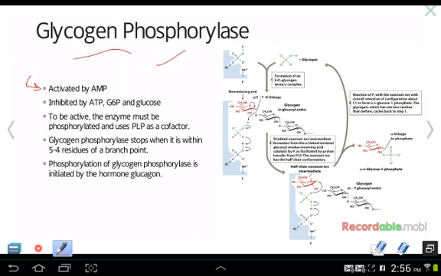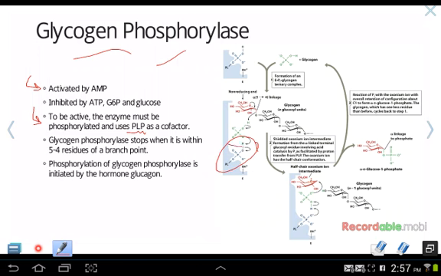If we had just eaten and we got a lot of blood glucose, and so that glucose is entering into the muscle cell, then there's no need to start to deplete our glycogen stores. To be active, this enzyme must first be phosphorylated and uses PLP, which is a vitamin B6 derivative, as a cofactor. As you can see, PLP is right here in the enzyme active site.